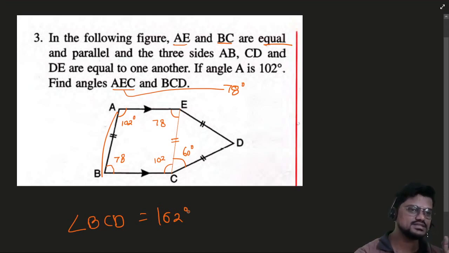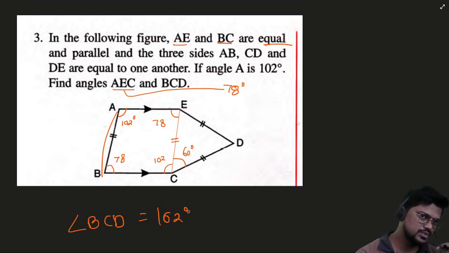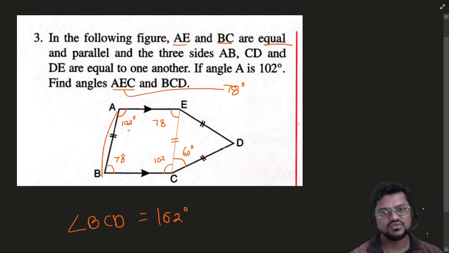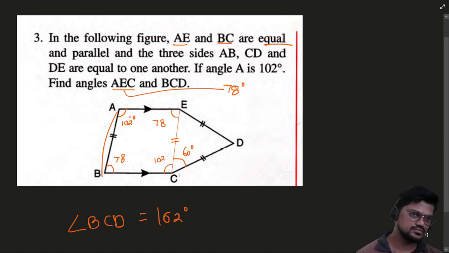I have not written the steps. Will you be able to write the steps or you want me to write? No, sir, we will write. Yeah, you have to write. I'll tell you how. First, you have to mention that since AE and BC are equal and parallel, therefore ABCE is a parallelogram. Now, once it is a parallelogram, the sum of co-interior angles will be 180 degree. Therefore, if this is 102, this will be 78.